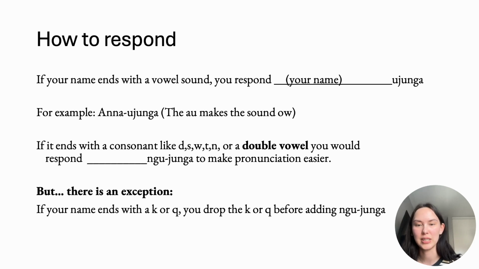So the exception is if it's a double vowel or it ends in a D, S, W, T, or one of those consonant sounding endings, you're going to add nguyunga. If it ends in a single vowel sound like Anna, JC, Kauma, you're going to just add the U yunga. So Kaumau yunga, Anau yunga, Chris nguyunga.